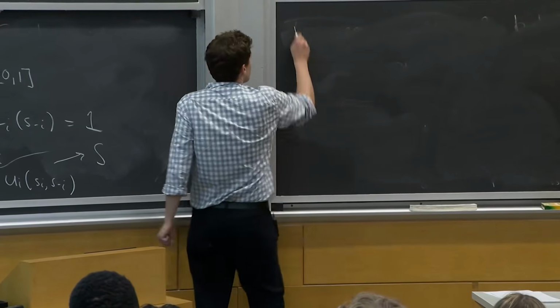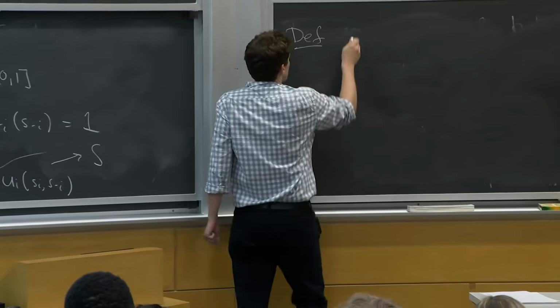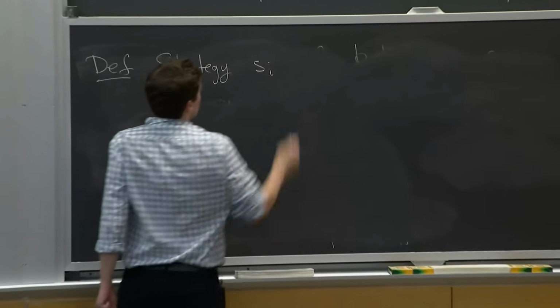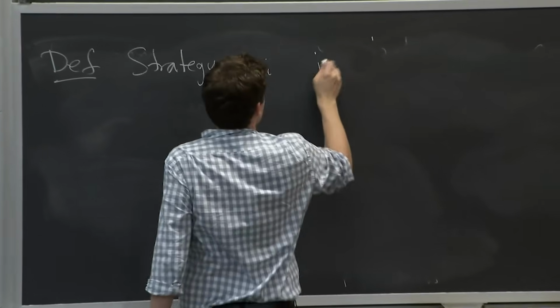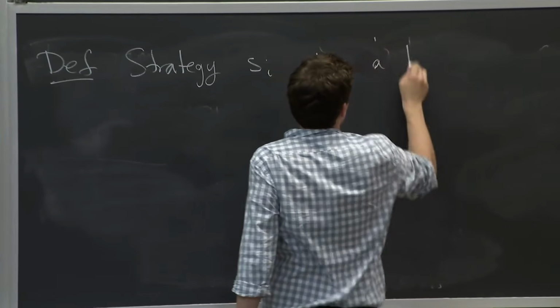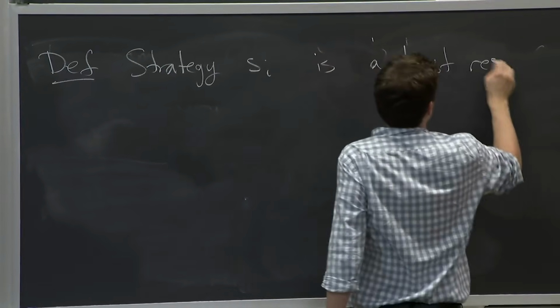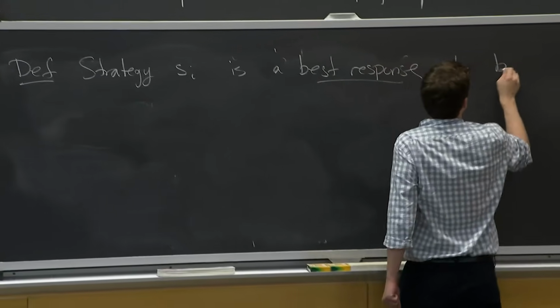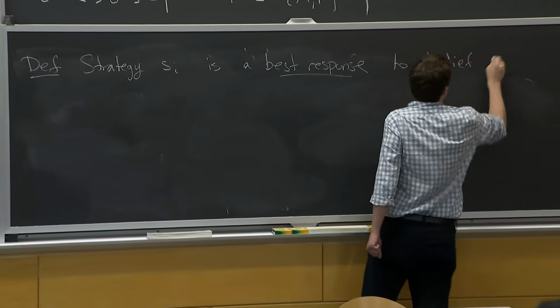So we want to formally define that. So we say strategy Si is a best response to belief beta negative.